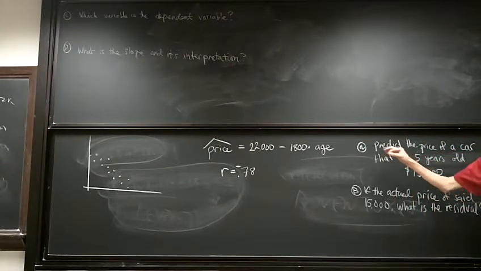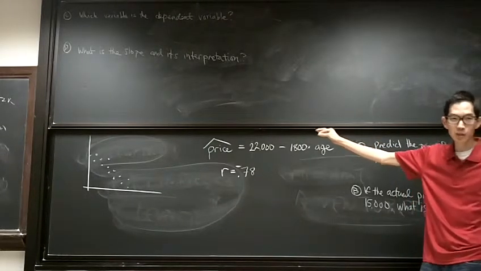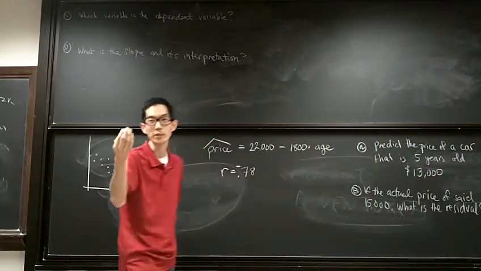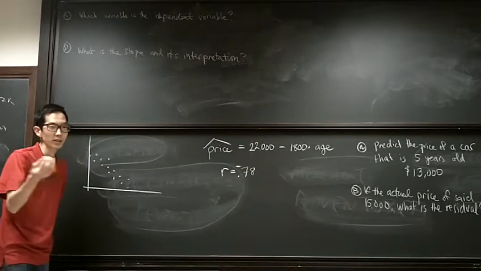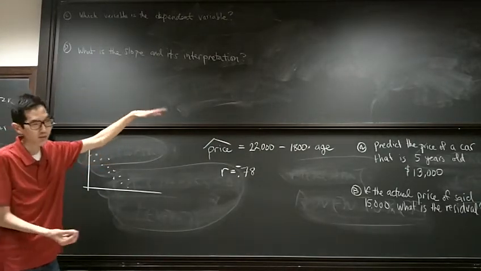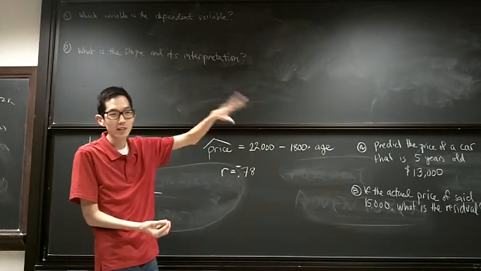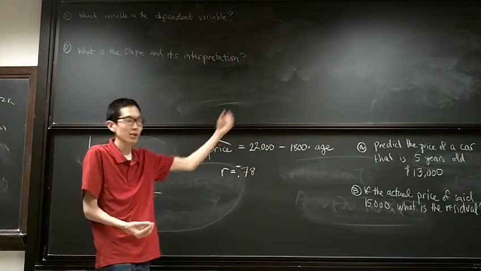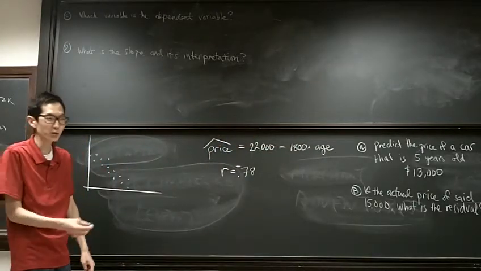So, what is the purpose of this model? We are trying to predict what? The price of a car based on its age. So we're saying if you got a brand new car, it's worth $22,000, and as the car gets older, it's worth less. That sounds reasonable, right?